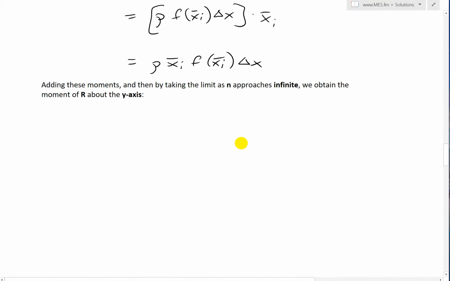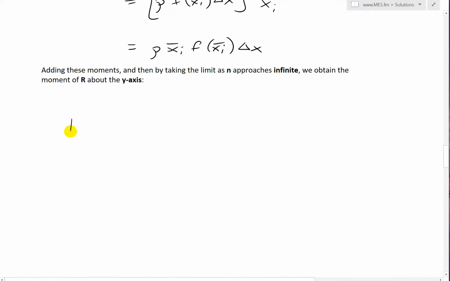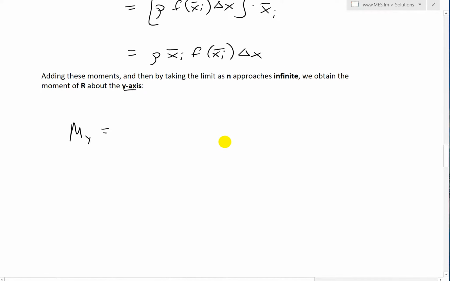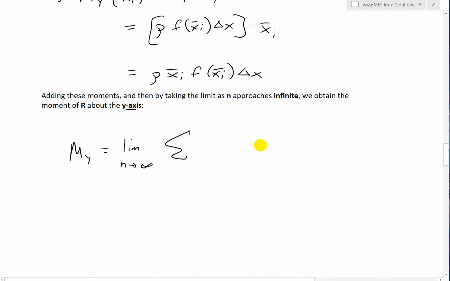So what we have now is the full moment about the y-axis, or the tendency to rotate about the y-axis, is going to be equal to the limit as n approaches infinity of the summation of all of these moments, like that.